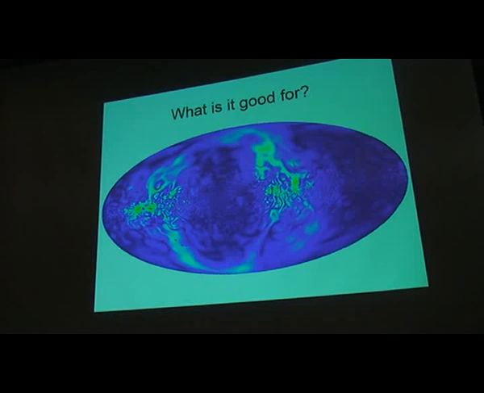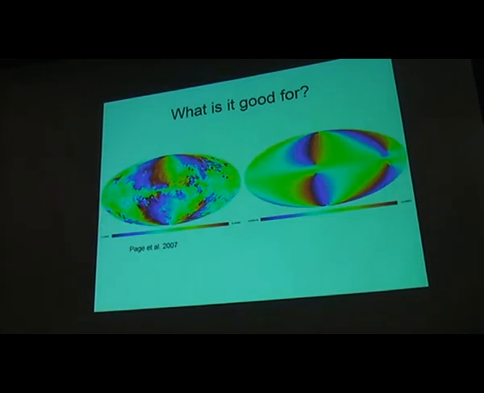The magnetic field we used to generate this picture comes from a paper by Page and collaborators. That's essentially the WMAP magnetic field, which was designed to reproduce this observation. Okay? So the left-hand side is an observation, and the right-hand side is a simulation. What you're looking at here is the polarization angle.